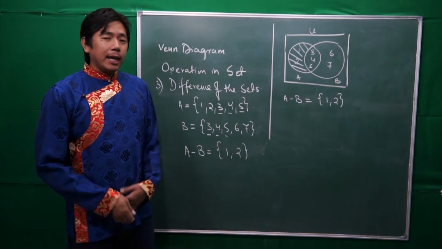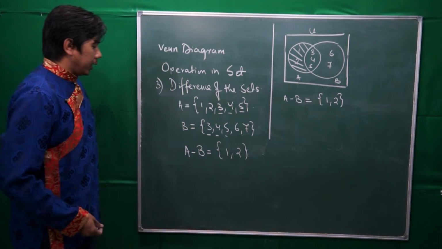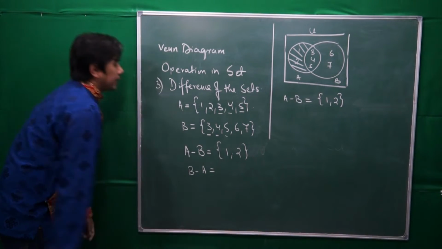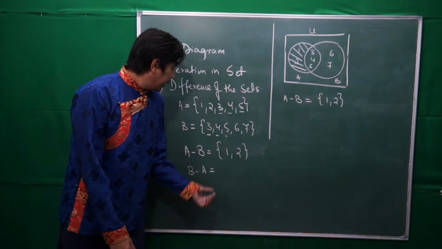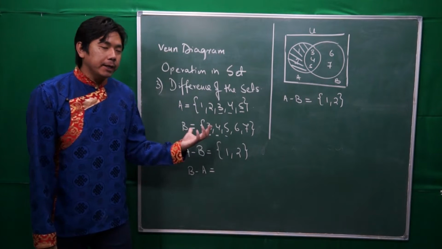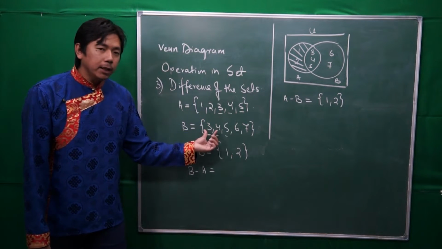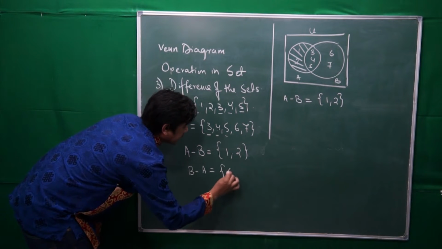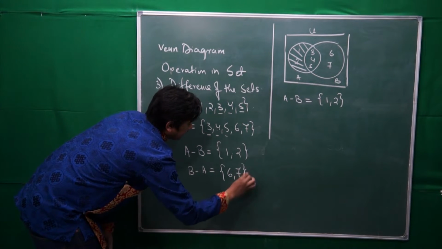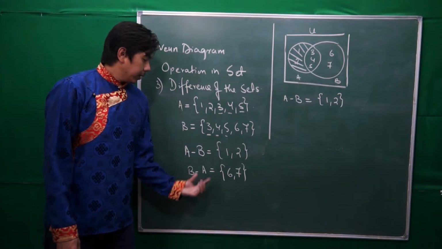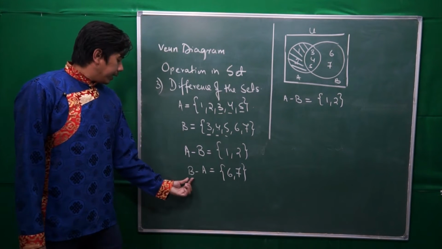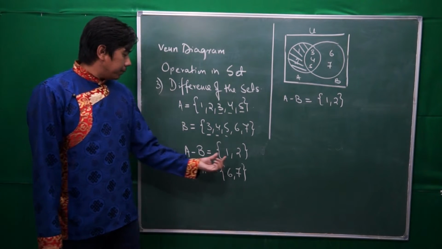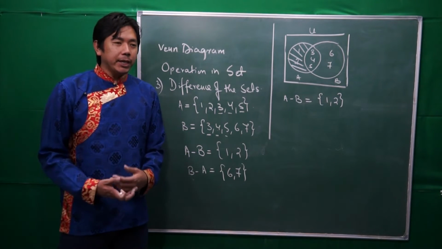Now instead of writing A minus B, if I wrote B minus A. B minus A would be again 3, 4, 5 being repeated in A and B as well. We remove it. What is left? Only 6 and 7. Okay. Can you see the difference? So by writing B first, I'll be getting 6, 7. By writing A first, I'll be getting 1, 2. In each case, what we are getting?